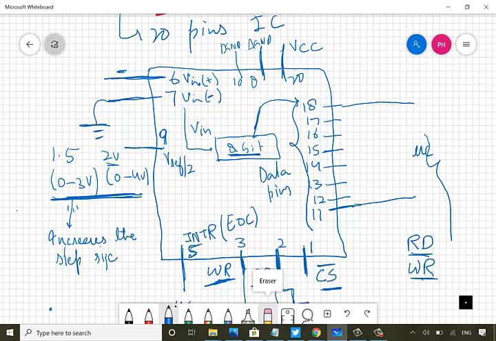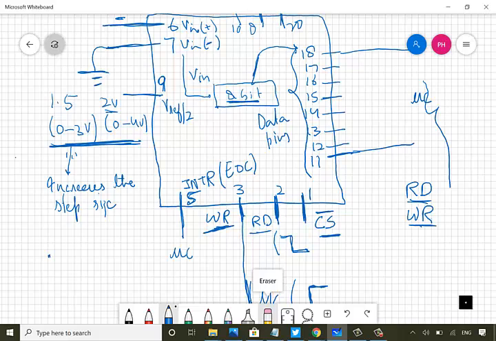For the same 8-bit ADC, if the reference voltage is 0 to 5 volts, the step size will be 5 divided by 256, that is 19.53 millivolts. And if the reference voltage is only 0 to 4 volts, then the step size will be 4 divided by 256, that's only 15 point something millivolts. That is, we decrease the step size by changing the reference voltage.